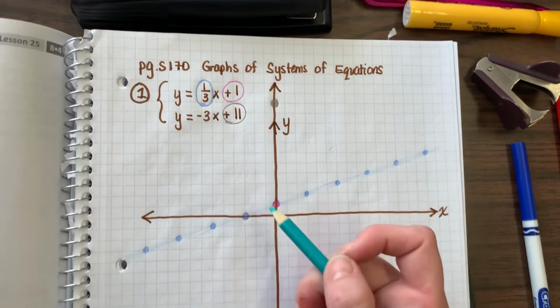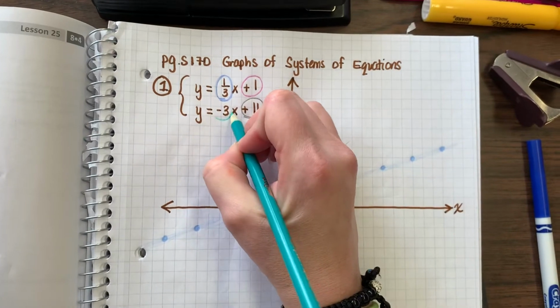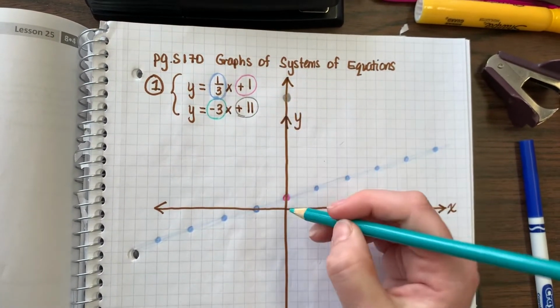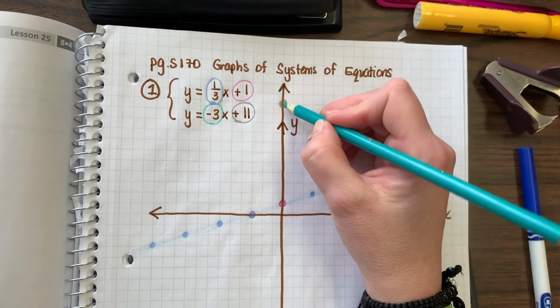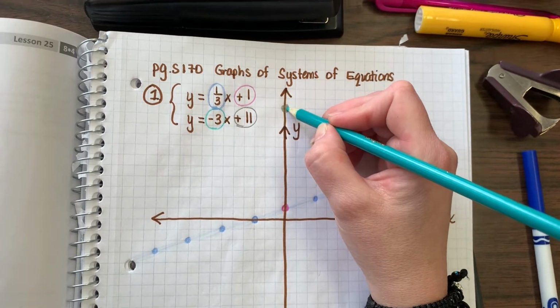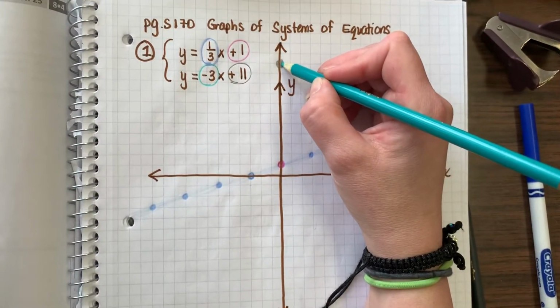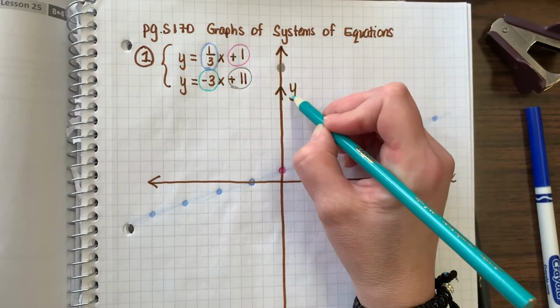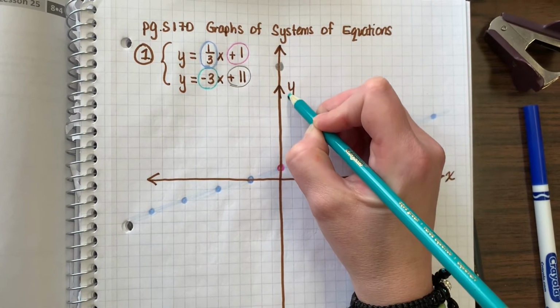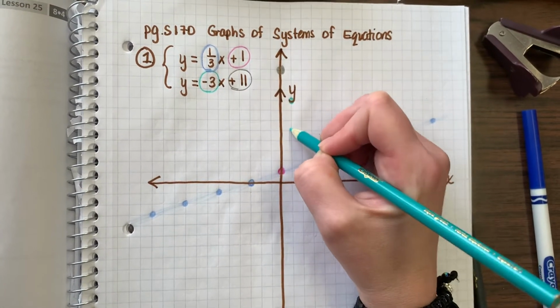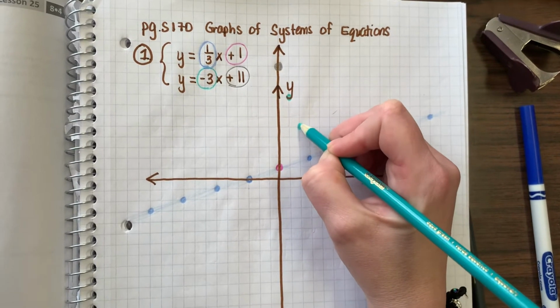Your slope is -3 over 1. That means I need to start at (0, 11) and go down 3, to the right 1. So I count 1, 2, 3, to the right 1 and put a point. Down 3 and to the right 1 and put a point.